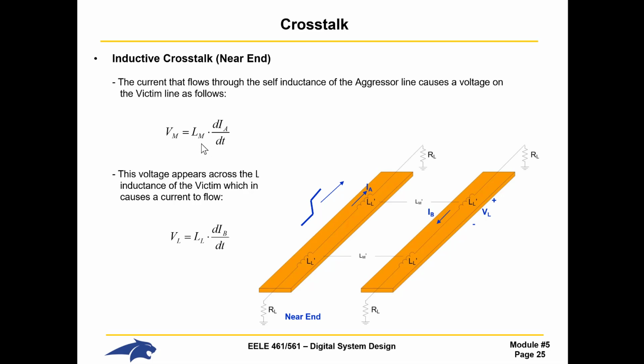But you use the mutual inductance for the coupling. LM is basically how strongly the magnetic field lines are coupled. And then you use the I in the aggressor, but you're looking at the voltage that is induced in the victim. So you notice that VM is going to be over here on the victim, LM is this little fella, and the di dt is actually the aggressor.